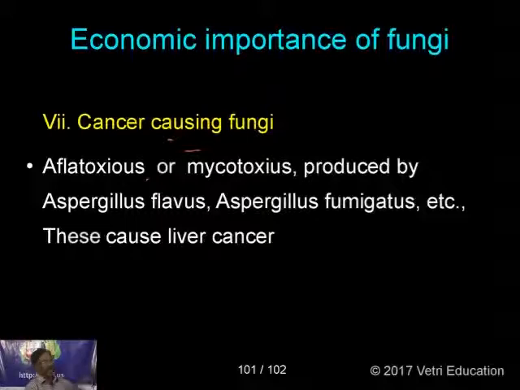There you can find Aspergillus. This is a poisonous chemical substance obtained from Aspergillus flavus and named as aflatoxin. These are produced by Aspergillus species, and they cause cancer in animals as well as human beings.